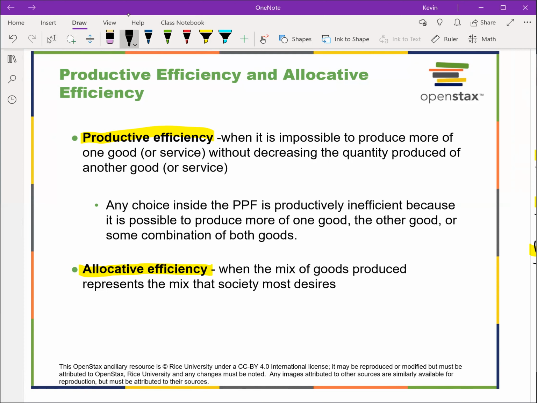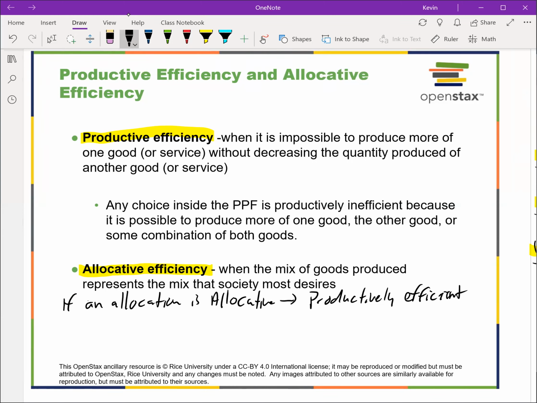One thing to note with this: if an allocation is allocatively efficient, then the allocation will also be productively efficient.